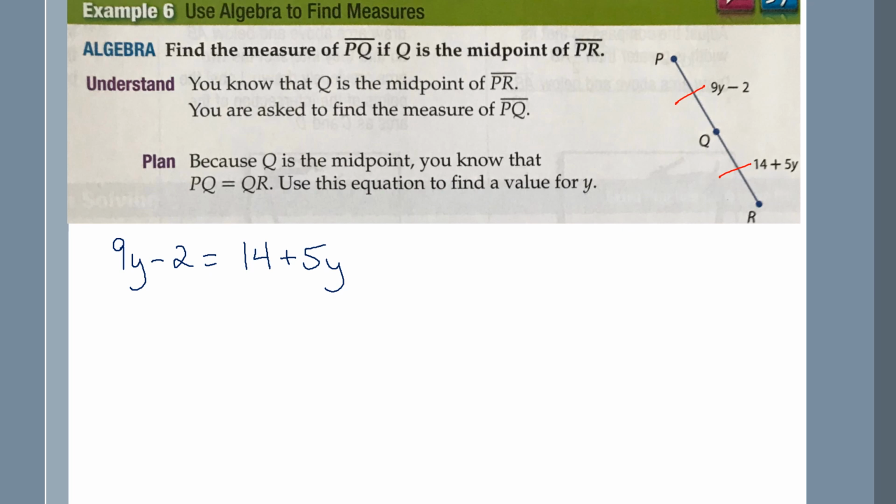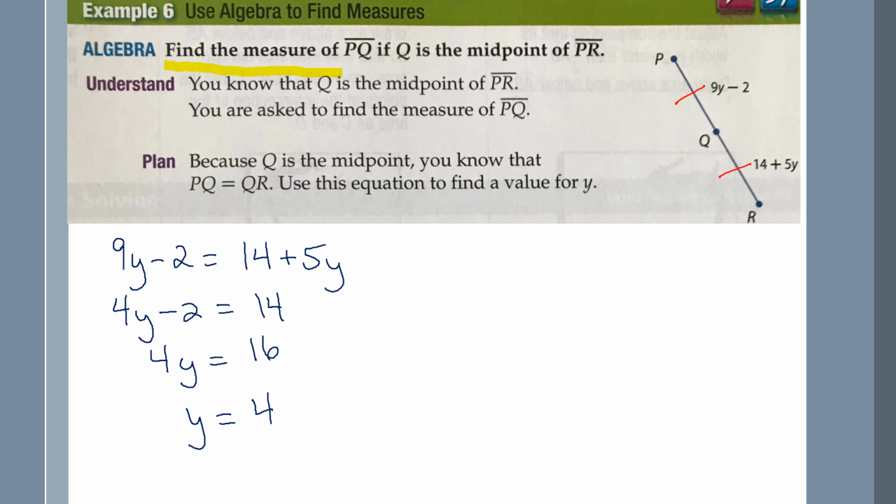So we're going to subtract 5y from each side, and I end up with 4y minus 2 equals 14. Add 2 to each side. I've got 4y is equal to 16. Divide each side by 4, and now y is equal to 4. The question, though, is to find the measure, right?